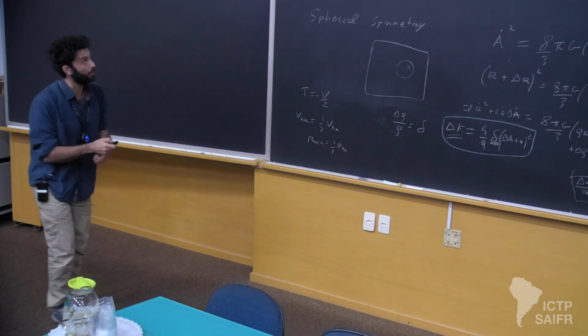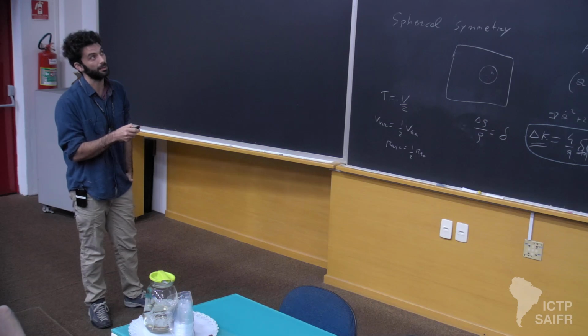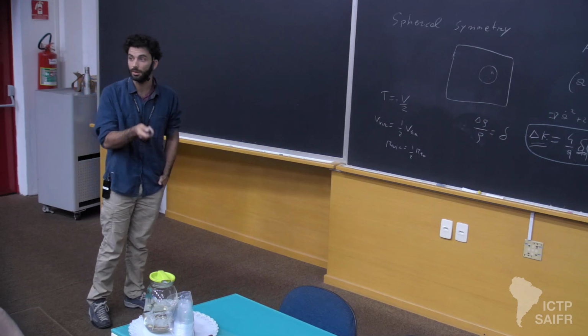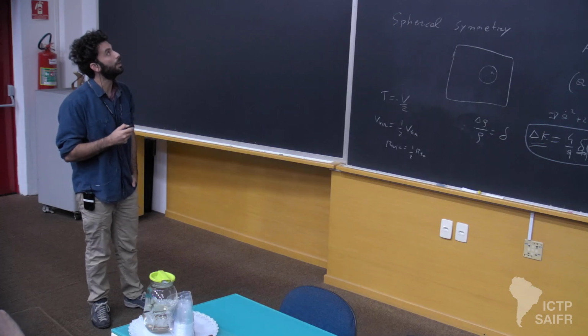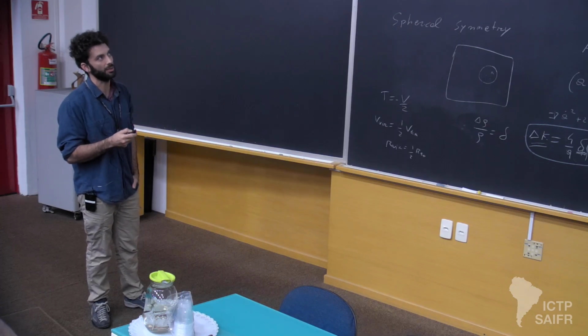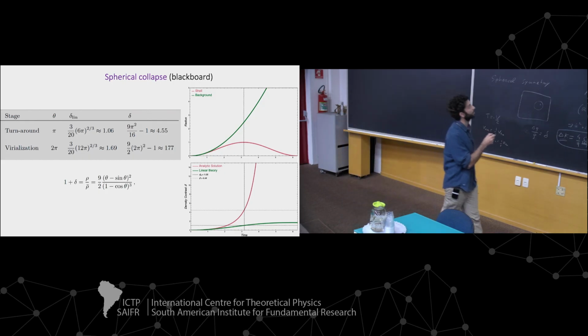And you can use all this information to find out that the density when the object virializes is roughly 180 times more dense than it was initially. So the density contrast is 180. And interestingly, this corresponds to a linear density contrast of 1.7.